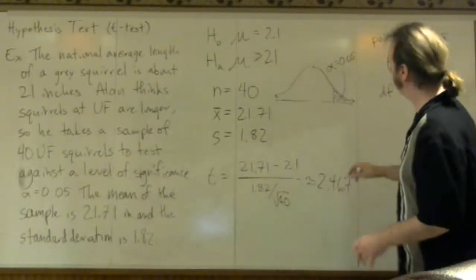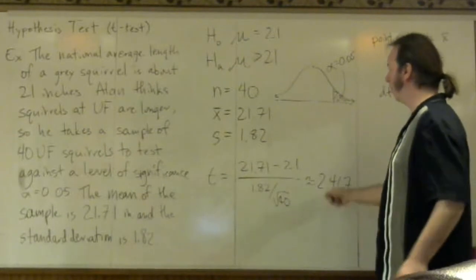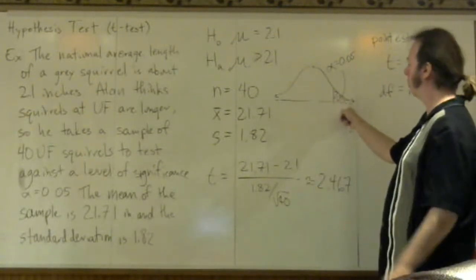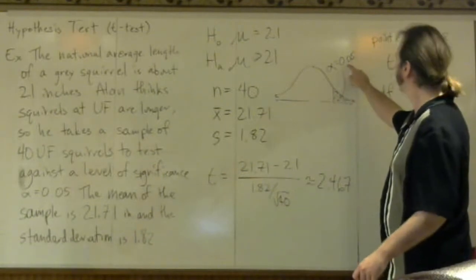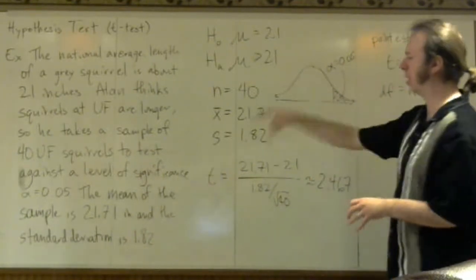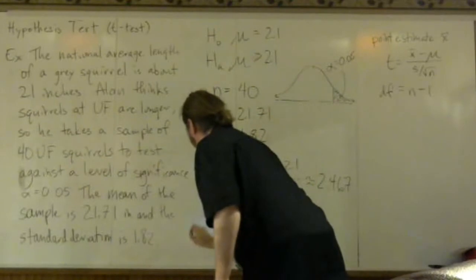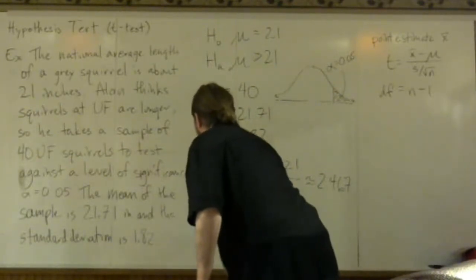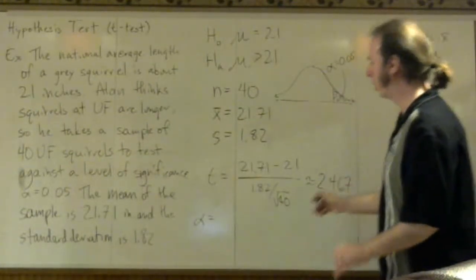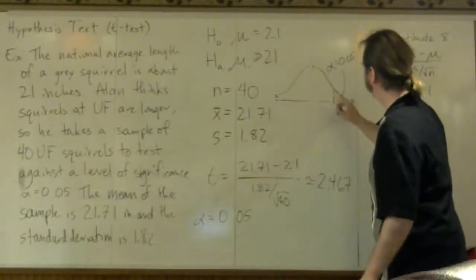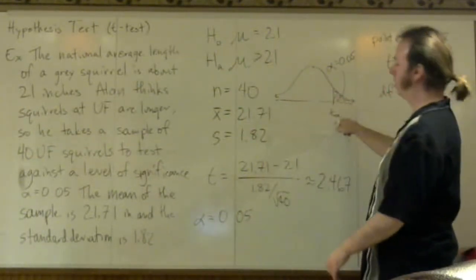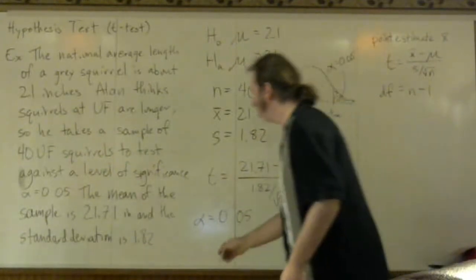Our alpha is 0.05, so we want this t-value to fall in that critical range so that we can reject the null hypothesis. Let me convert the alpha to a t-value first. So my alpha is 0.05. I want to figure out what t-value corresponds to that.